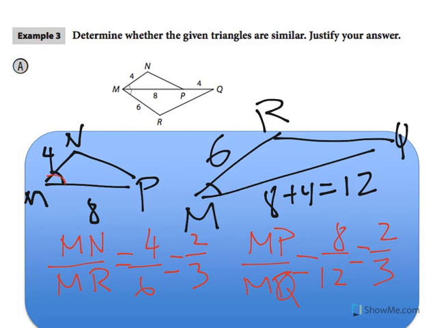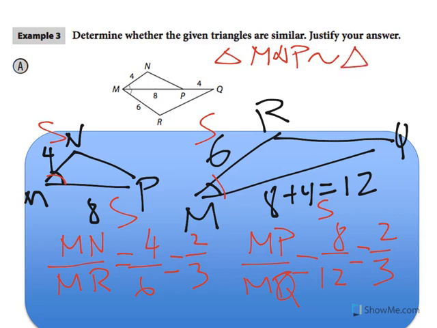And since the angle M's are congruent, we have that these two sides are proportional and these two sides are proportional. So then we can say triangle MNP is similar to triangle MRQ by side-angle-side.